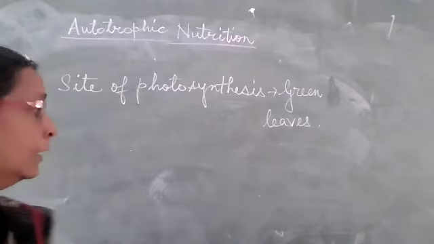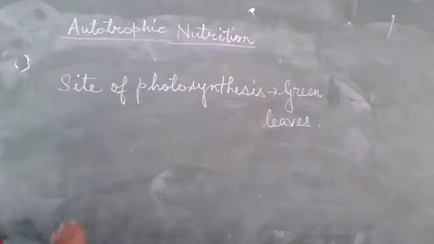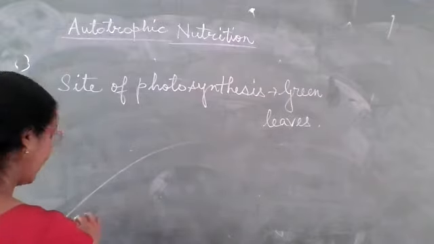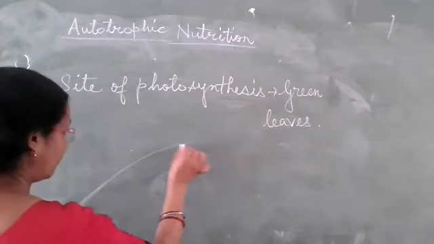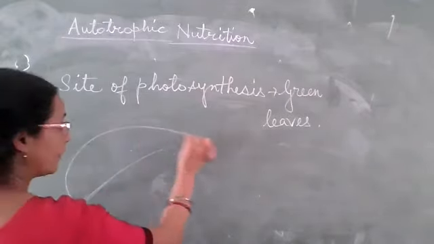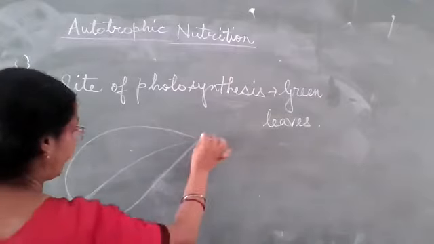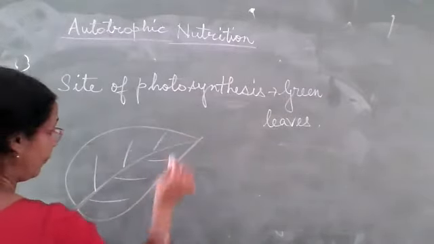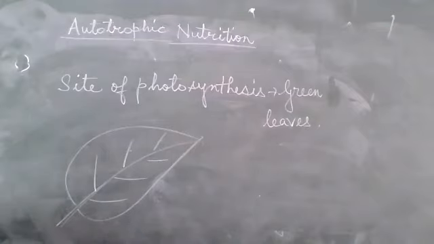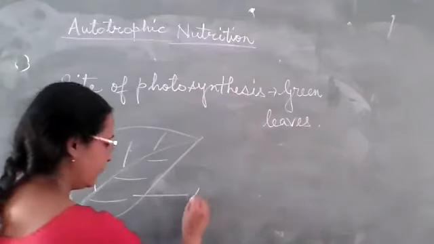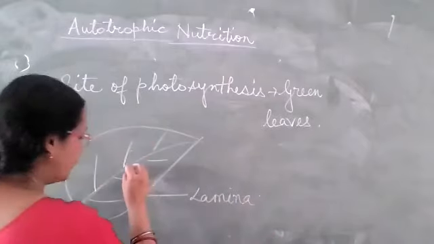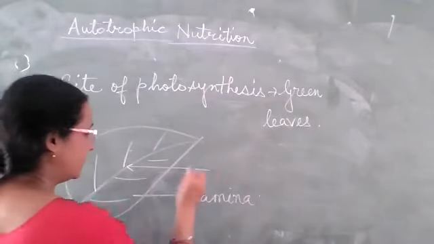Now, we will draw the diagram of a leaf. So this is the leaf. It is lamina, leaf lamina. This one is midrib.